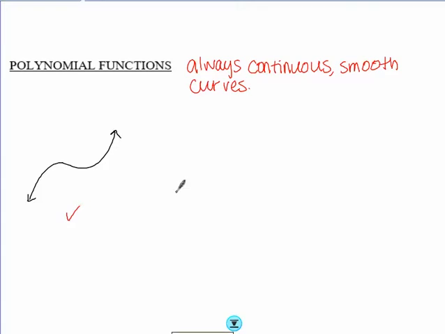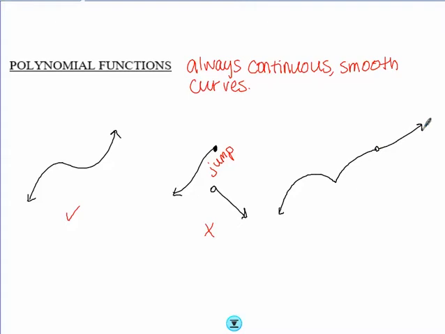A discontinuous function, like this piecewise function here, would not be a polynomial because there is a jump. Another non-example of a polynomial would be a function like this.